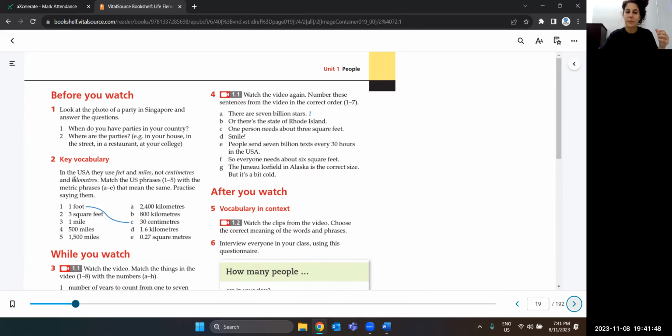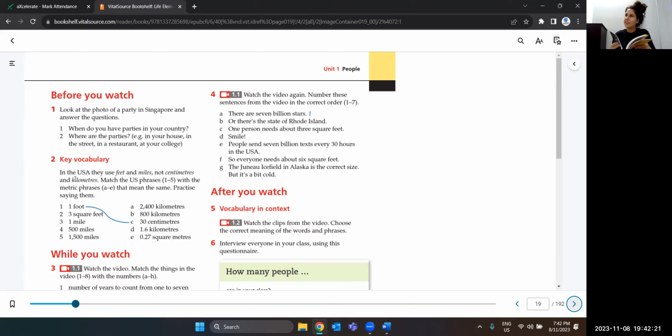So we talked about measurement in the last class, if you remember, a few lessons ago. Or was it unit 12 when we looked at measurements? Sorry, it was last unit where we were talking about meters and kilometers.